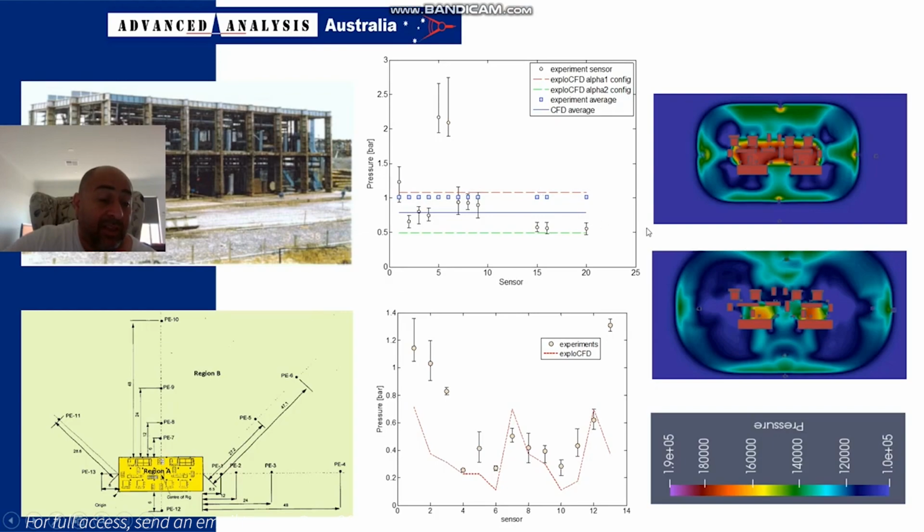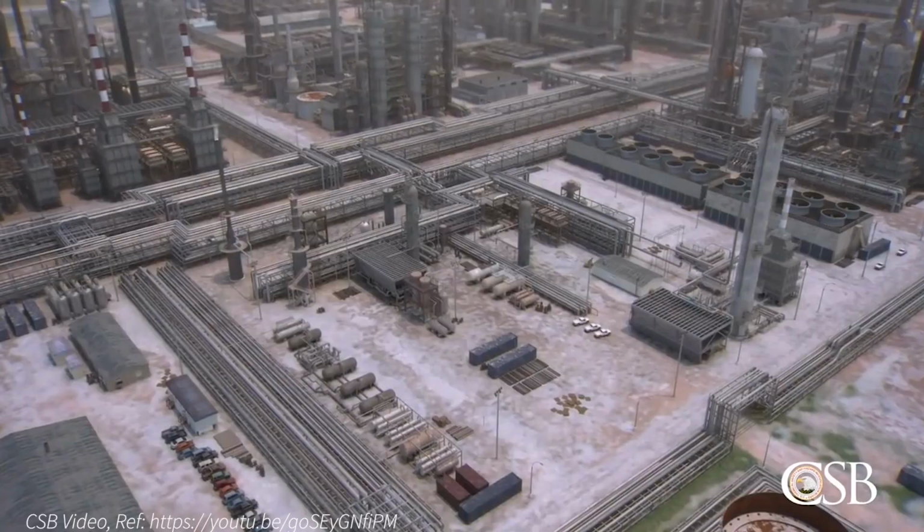This is a method that interacts with changing problems, so you can adapt it to cases, geometries that you have never seen before, and that is a very important feature.